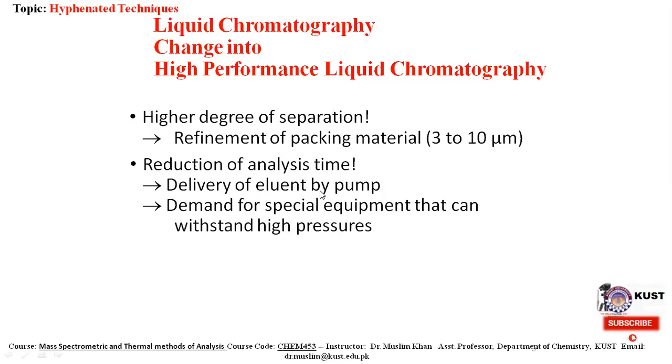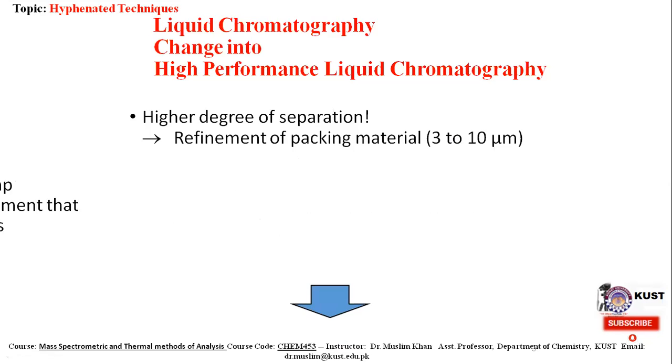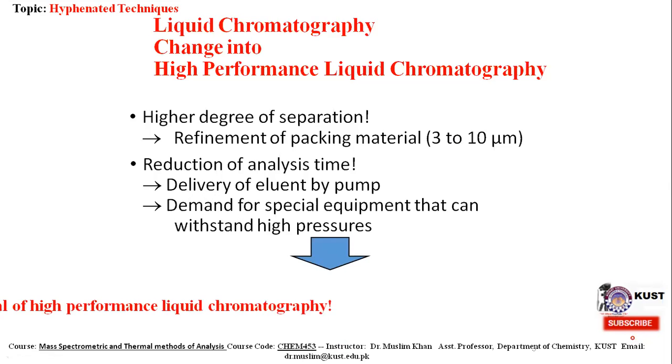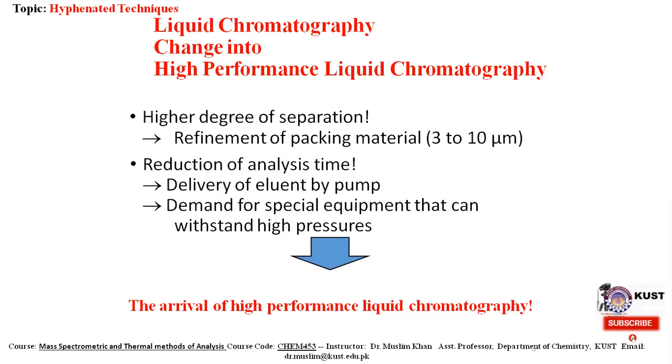So delivery of effluent by a pump was needed. A special equipment that can withstand the high pressure was the demand of the time. That's how liquid chromatography changed into high performance liquid chromatography, and that's how the arrival of HPLC took place.